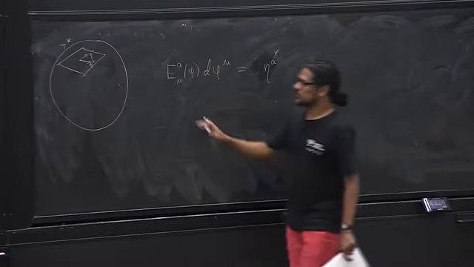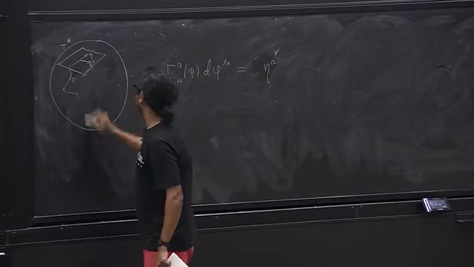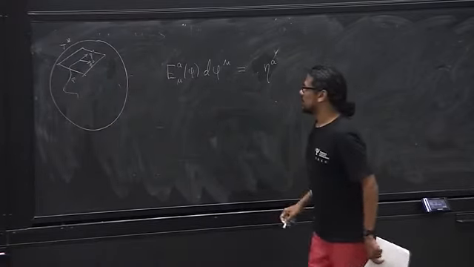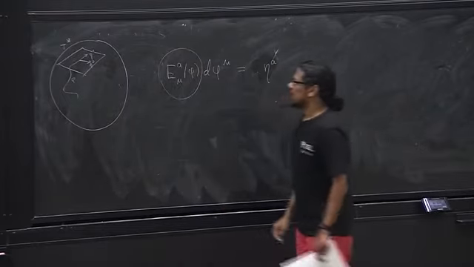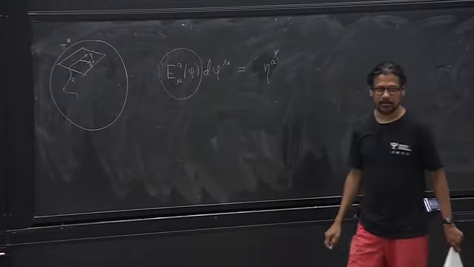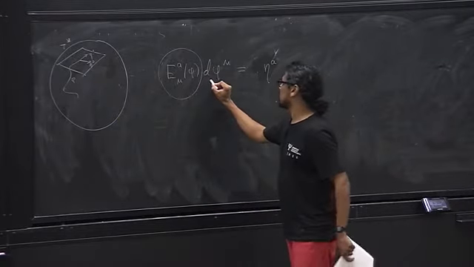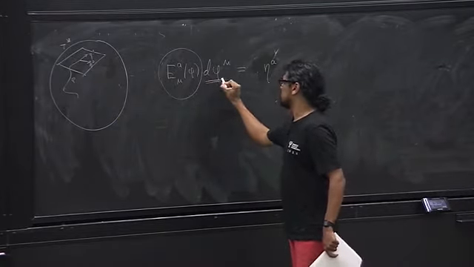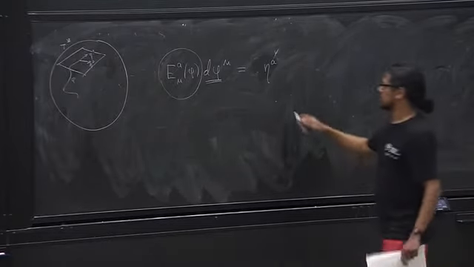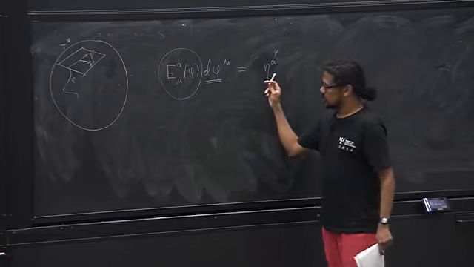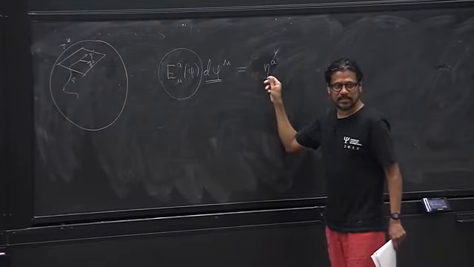As I move around on my manifold, I have different values of phi. And what these e's do is that they tell me how to translate between the coordinate basis, which is of one form, d phi of mu, and the non-coordinate basis, which is these eta a's.